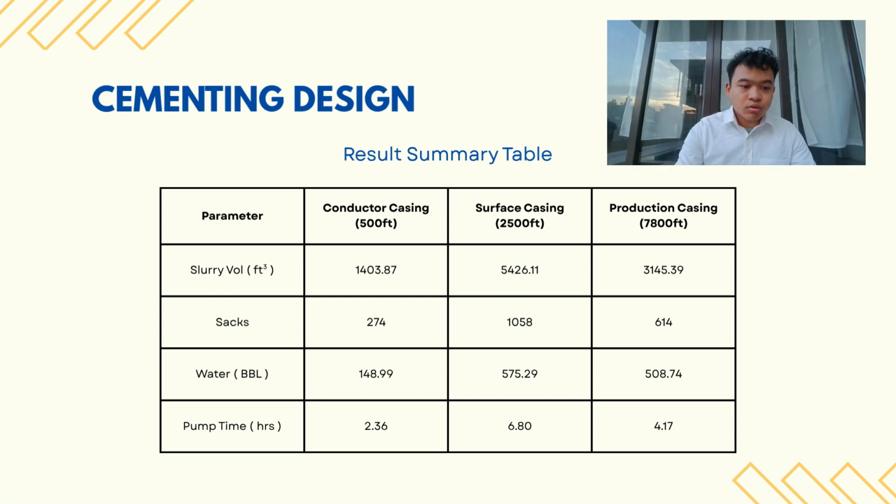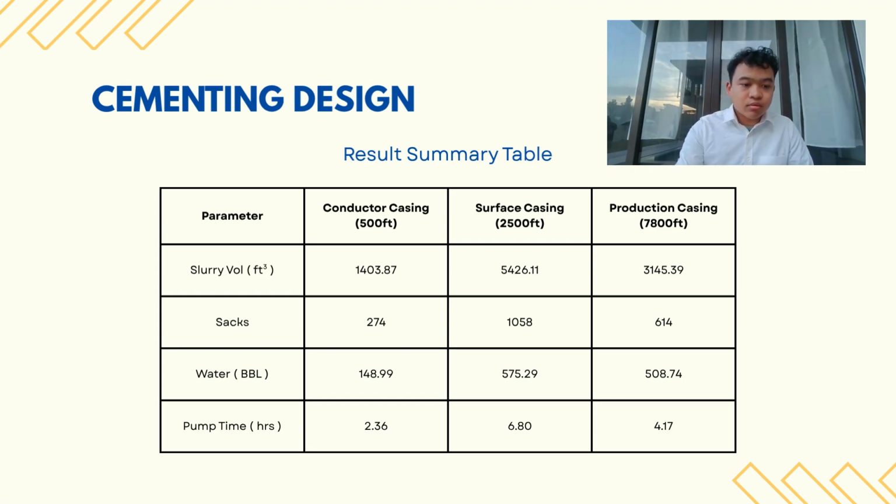For the water needed, the conductor casing needs around 148.99 BBL. The surface casing needs 575.29 BBL, and the production casing needs around 508.74 BBL. Lastly, the pump time.